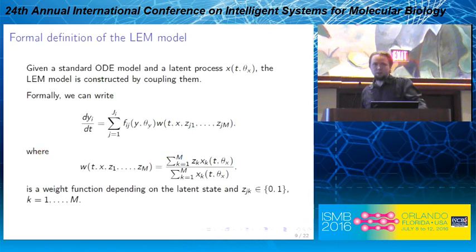So in general, an LEM model can be constructed using any standard ODE model and coupling it with a meaningful latent process. Each individual weighting function depends on a set of binary variables that determine the latent states that are combined with the certain functional components.